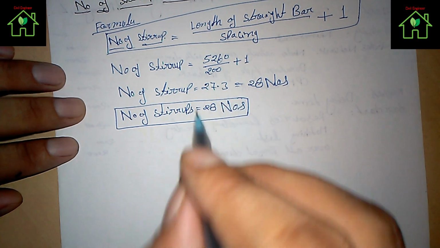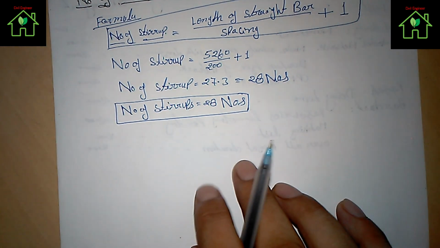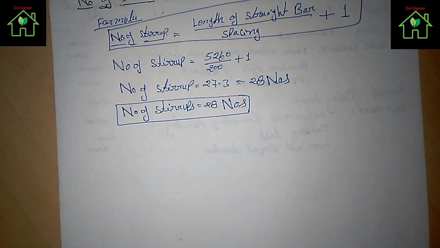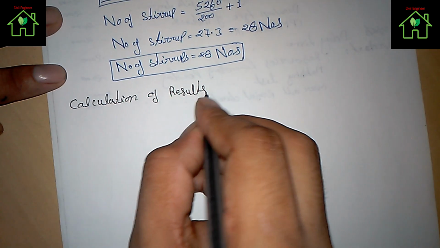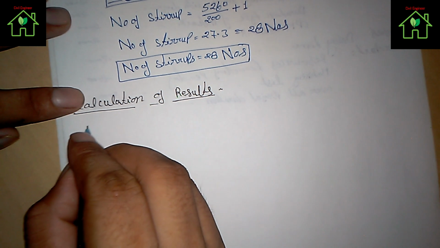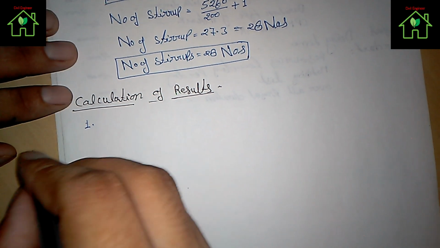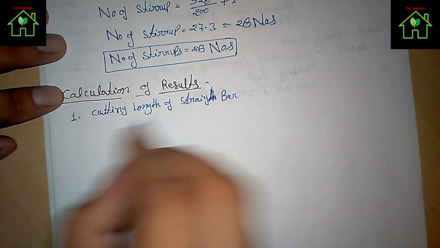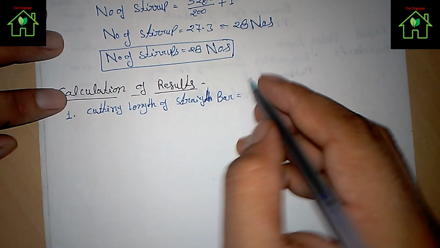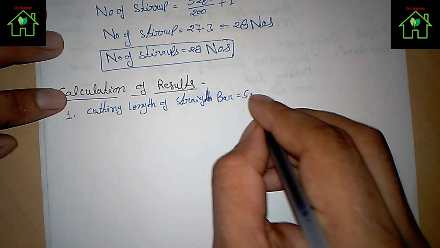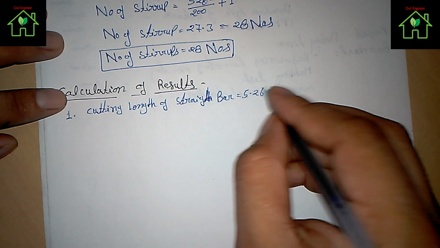We have found the number of stirrups. After that, we will go for the calculation of results. First, the cutting length of straight bar is 5.26 meter.